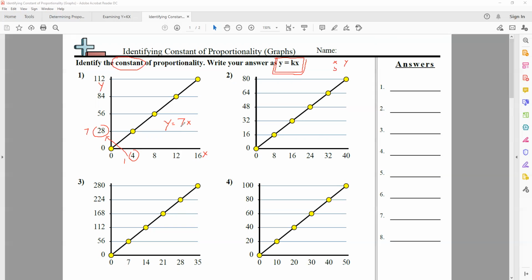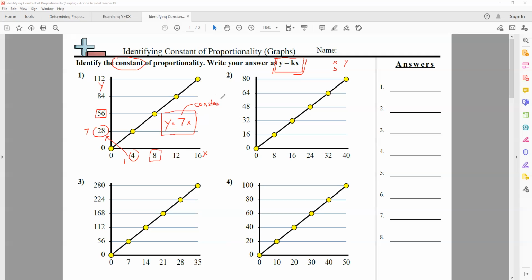Because if you think about it, 7 times 4 gives you 28. And the next one, 7 times 8, will also give you 56, right? And so on and so forth. So you have to give me this constant. This 7 is your constant. This basically is the ratio.